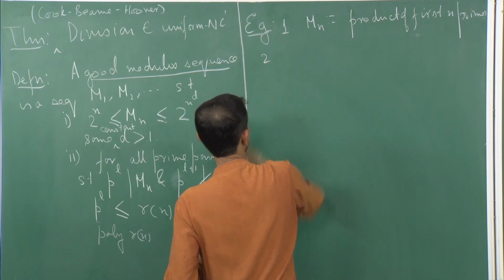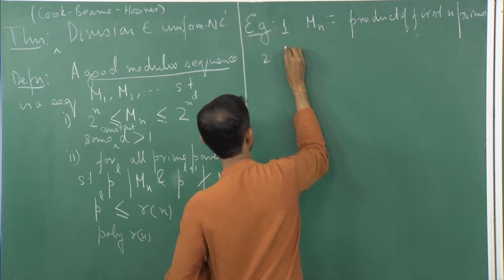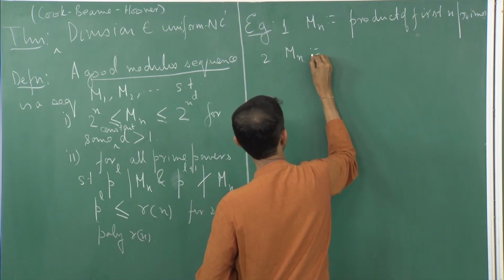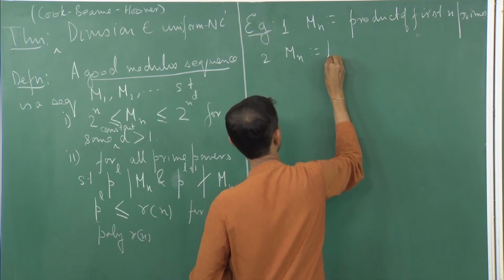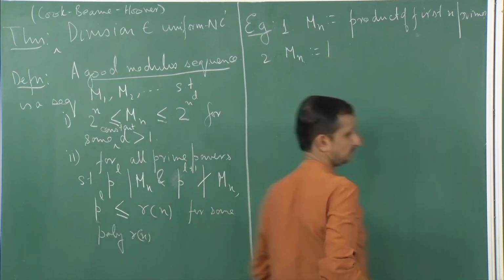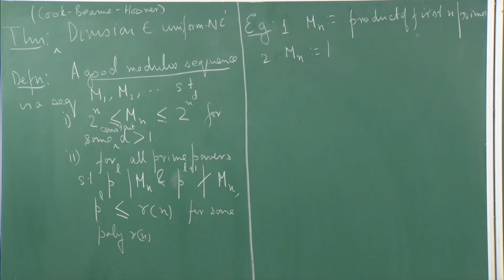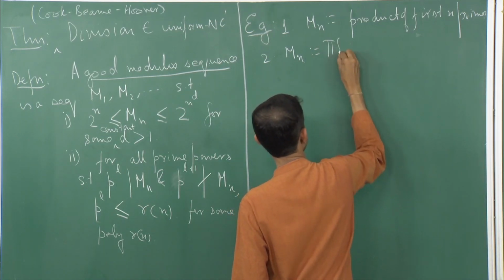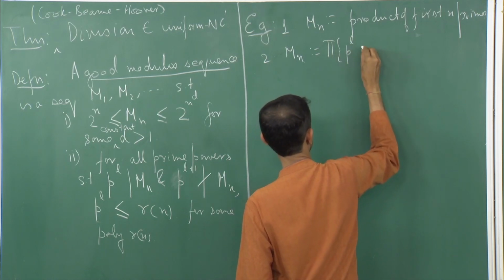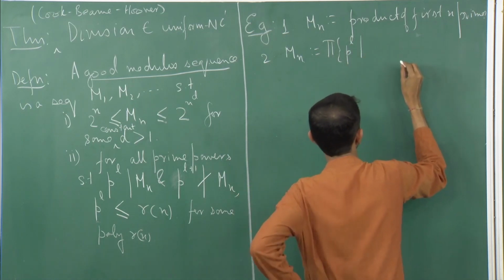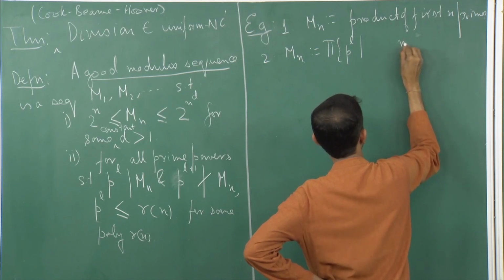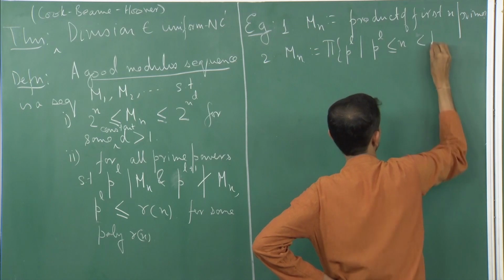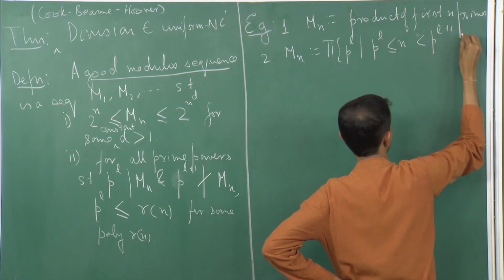Another example is Mn defined as the product of the elements in this set: p raised to the power l such that n is between p raised to the power l and p raised to the power l plus 1.